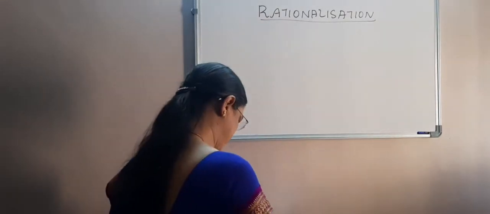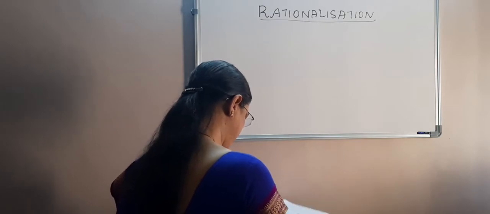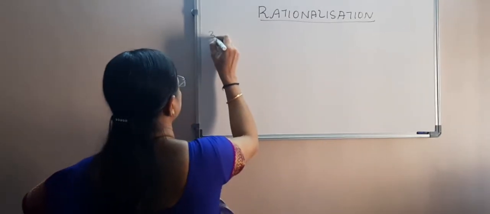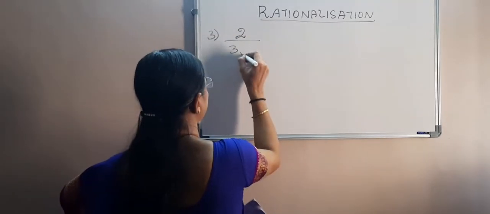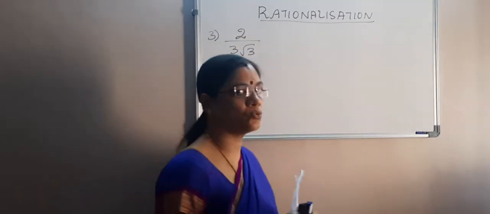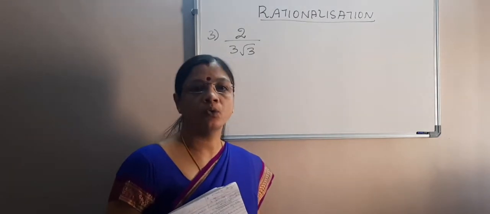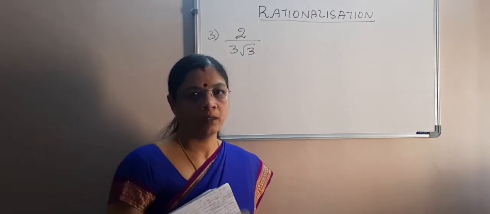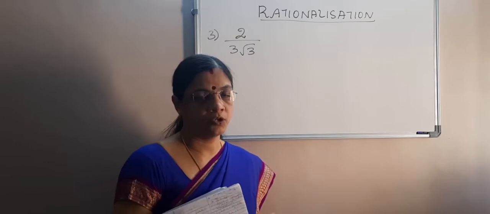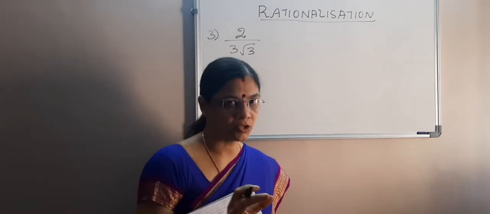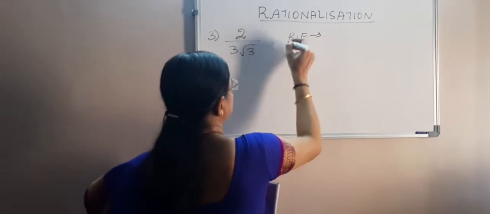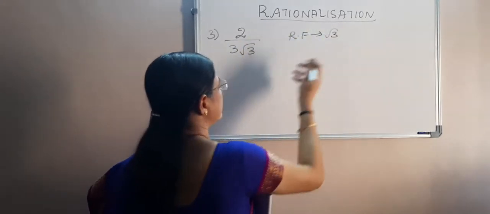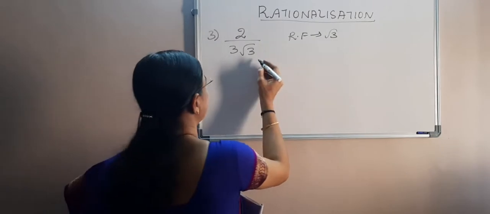The next one is, so now we'll come to the rationalization problem. 2 divided by 3 root 3. Now we need to simplify this. I told you, look at the denominator. If the denominator contains only the irrational number, then the rationalization factor for this is just root 3, isn't it? So there is only one irrational number.